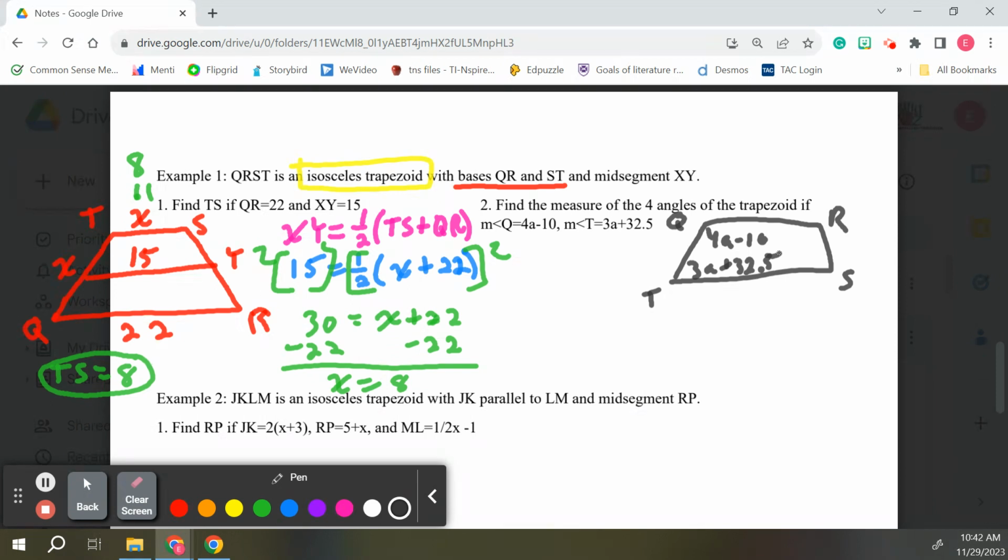Those two, remember, if this is parallel to this, these are same side interior angles. So these are supplementary. And I'm going to set this equation up as 4A minus 10 plus 3A plus 32.5 equals 180.